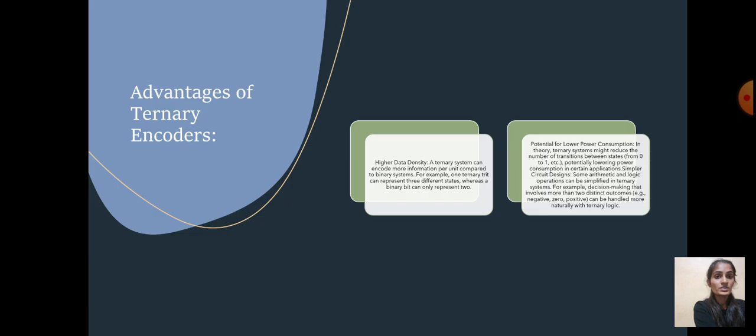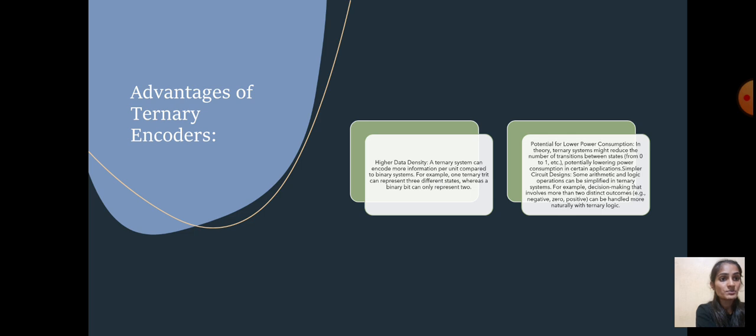Next, we are going to discuss the advantages of ternary encoders. Higher data density: a ternary system can encode more information per unit compared to a binary system. For example, one ternary digit can represent three different states, whereas a binary bit can only represent two. Next, potential for lower power consumption in theory.